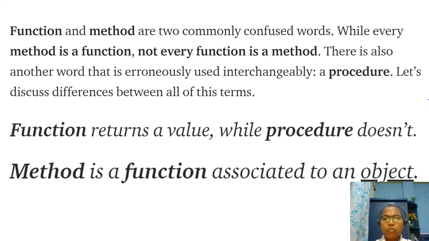Before we check an example of a function, there is some common terminology we already know. Sometimes we say function, sometimes we call it a method, sometimes we call it a procedure. So be clear about the meaning of function, method, and procedure.